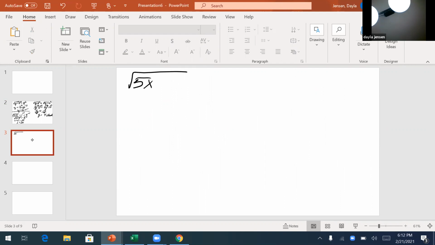the square root of 5v plus 16. Nope, sorry, that's a v. Minus the square root of 8v minus 14 equals 0.